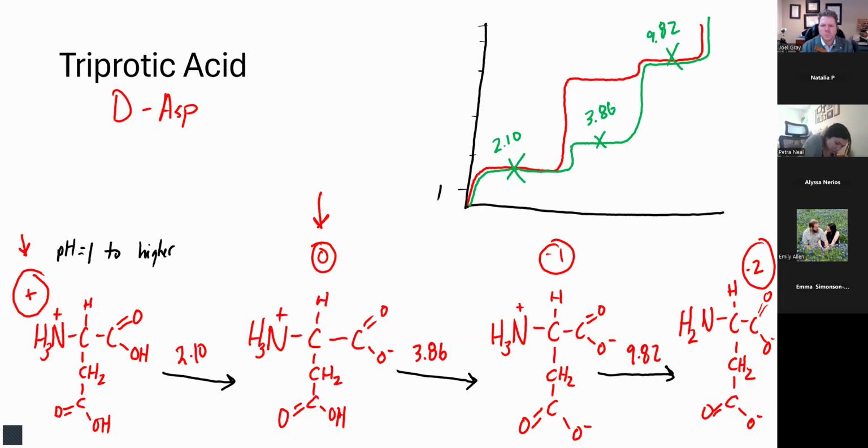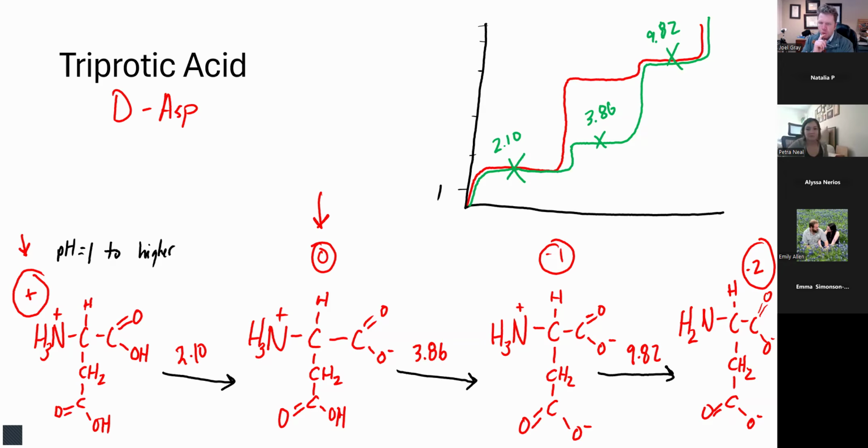Now, what this shows us is that we've looked at all the possible charges of our molecule, all the 4 variations of our molecule. Could aspartic acid have a +2 charge? Give me a Y or N in the chat. Nope. Could it have a -3 charge? Nope.